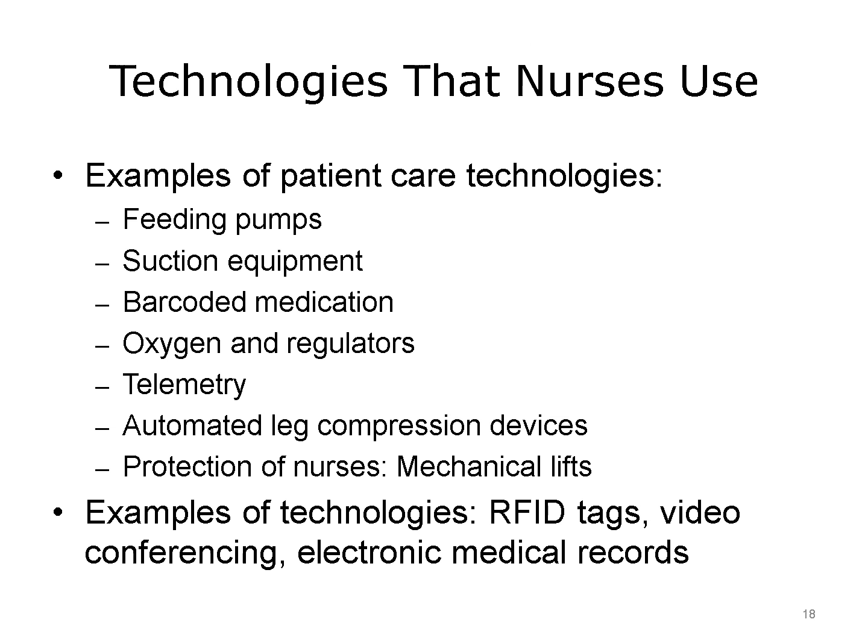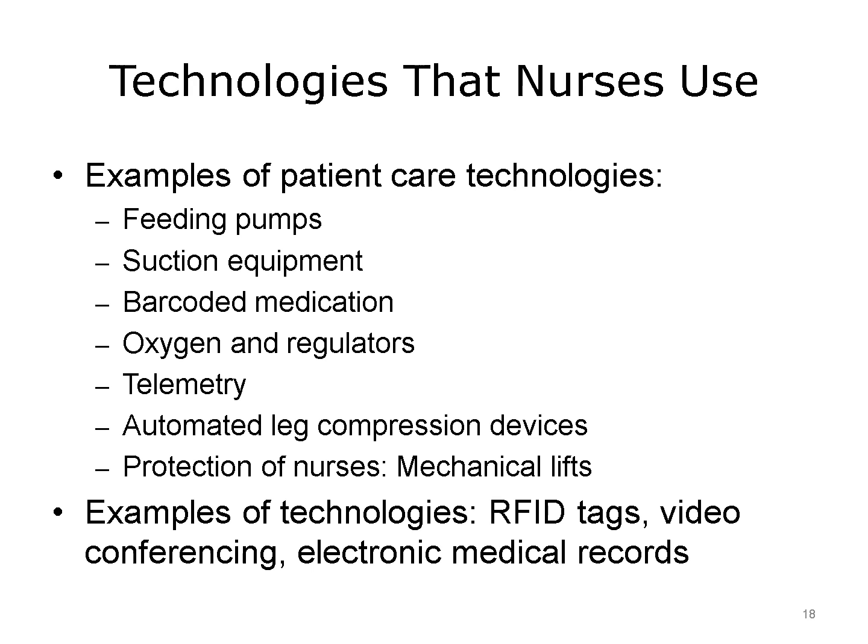Nurses use technology when providing direct patient care to protect patients from harm, to monitor patients, and to protect themselves from harm. Nurses also use technology to communicate, gain training in new skills, and manage staff and inventory. Examples of direct patient care technologies include feeding pumps, suction equipment, barcoded medication, oxygen tanks and regulators, telemetry, and automated leg compression devices.